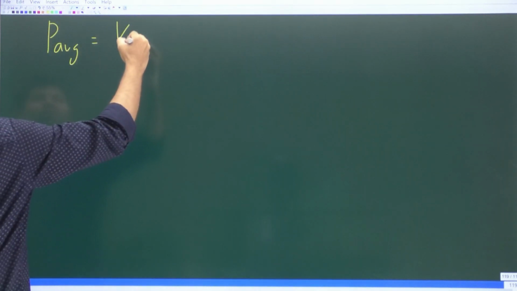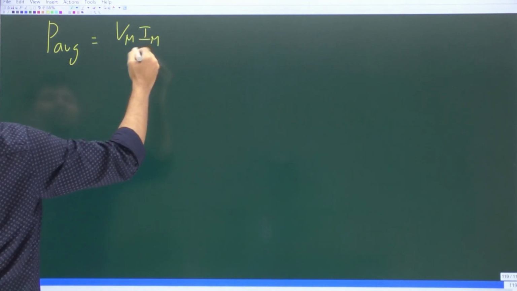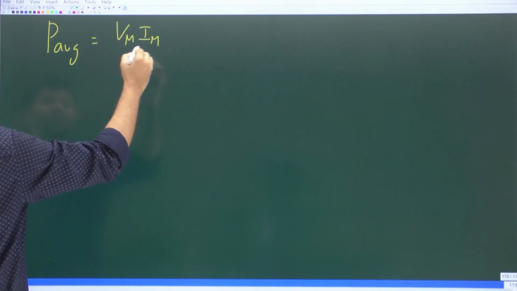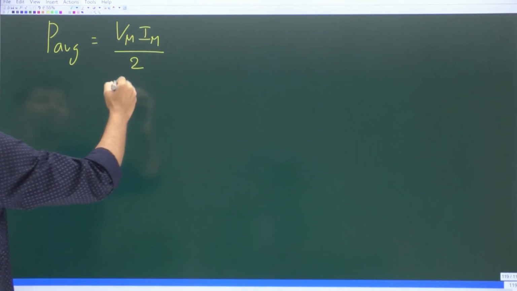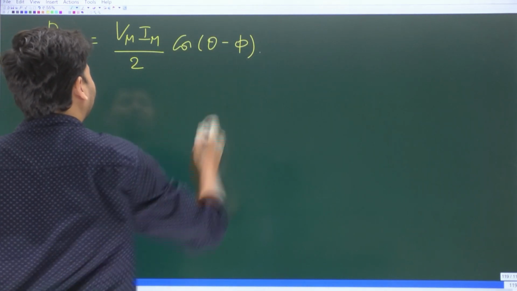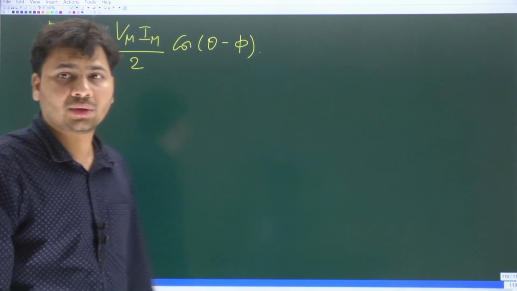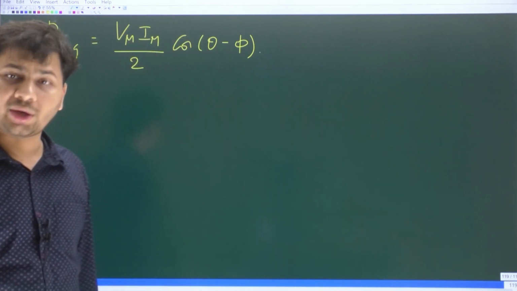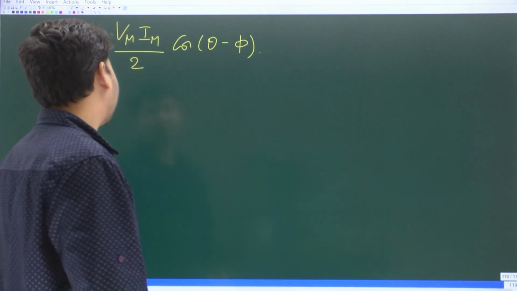So P average, that is the average power absorbed by the two-terminal element, is Vm Im by 2 times cos of theta minus phi.